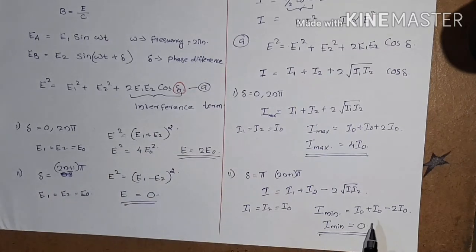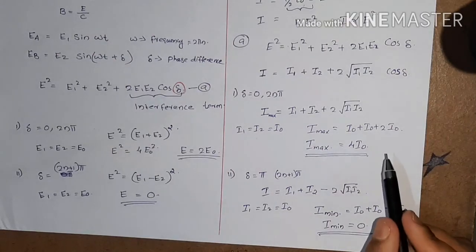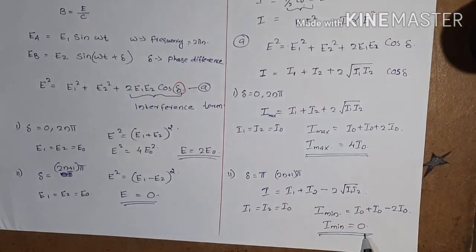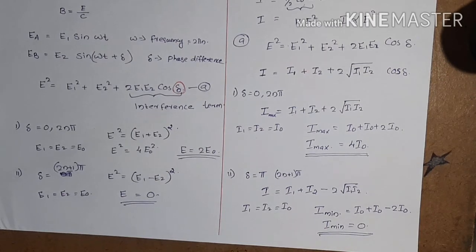This forms the pattern of interference. That is, at some positions the intensity becomes 4 times, and at some positions the intensity will be minimum, and it is not just minimum, it is zero intensity, there is no light wave present.